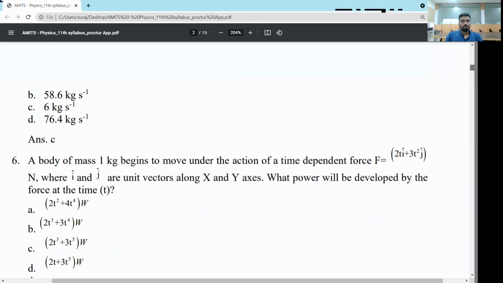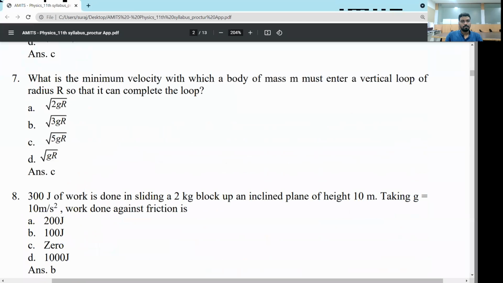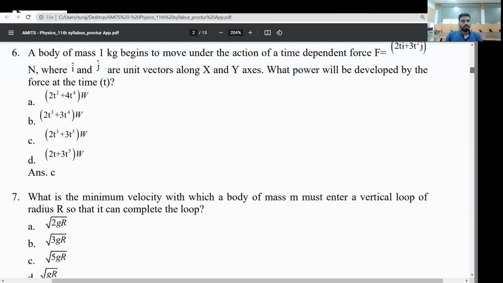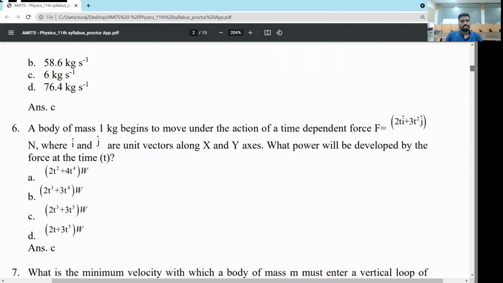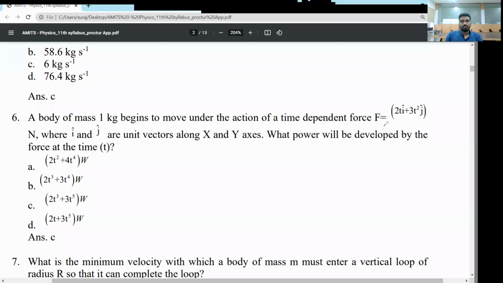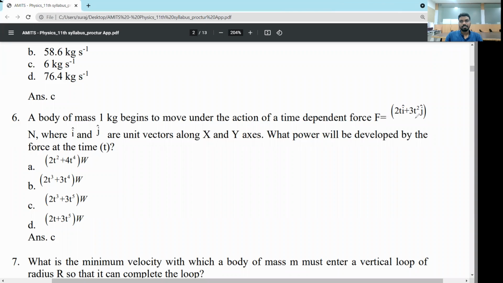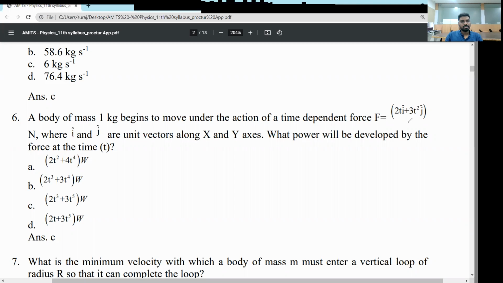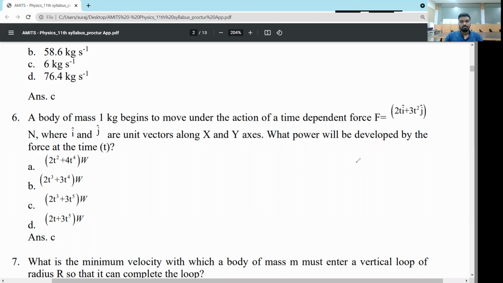Next, question number 6. A body of mass 1 kg begins to move under the action of a time-dependent force. Force is given as 2t i cap plus 3t square j cap Newton, where i and j are unit vectors along the x and y axis.